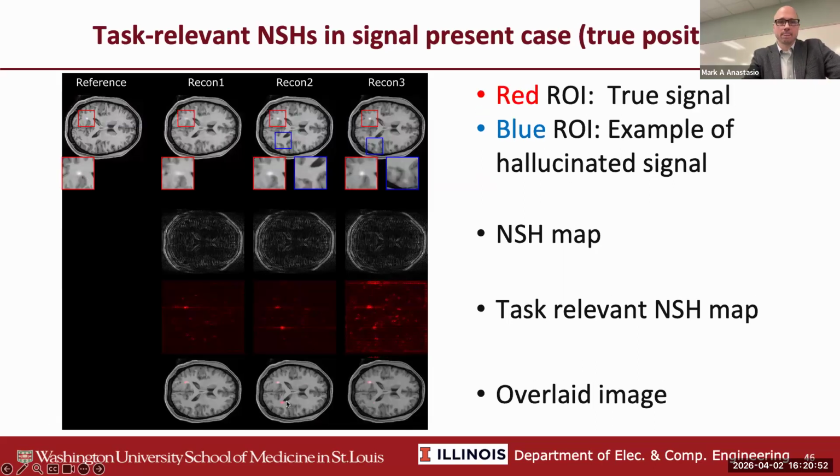Why is it a good thing to show up in the hallucination map? Well, if you look at reconstruction method 1, this block here actually corresponds to the location of the true signal.